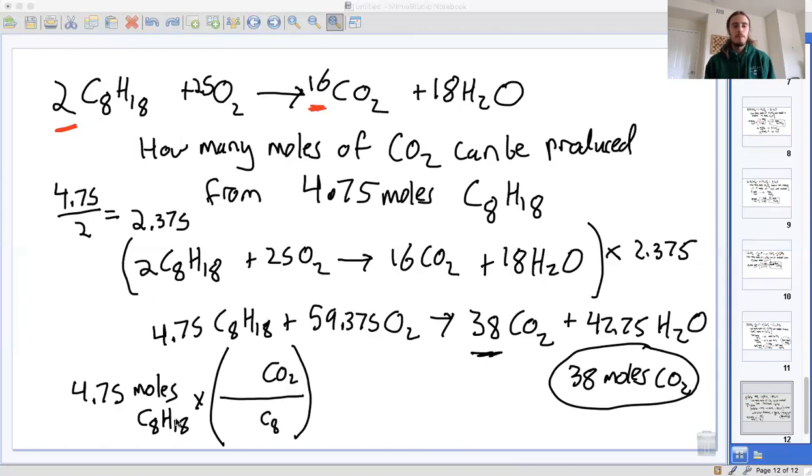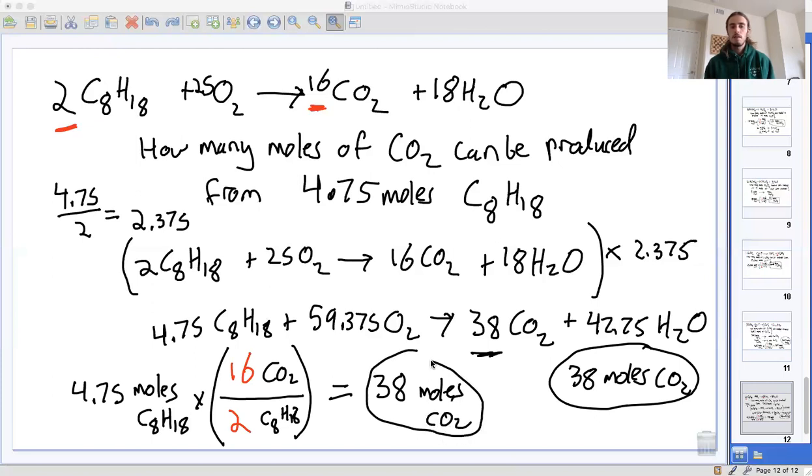We're converting from octane. So that's got to be on the bottom. The coefficient for CO2 is 16. And the coefficient for octane is 2. So we're just going to do 4.75 times 16, then divide it by 2. And that's going to get us 38 moles of CO2. Same answer. All right?